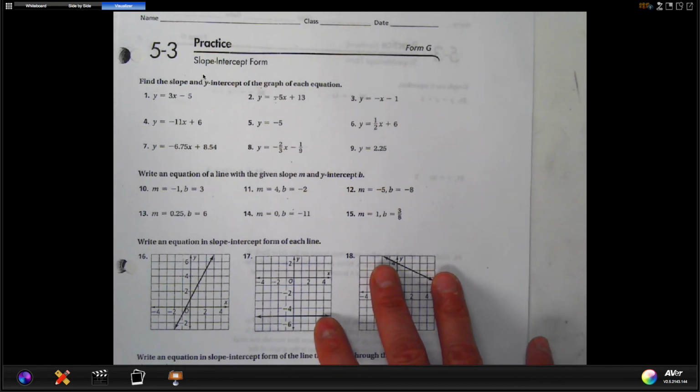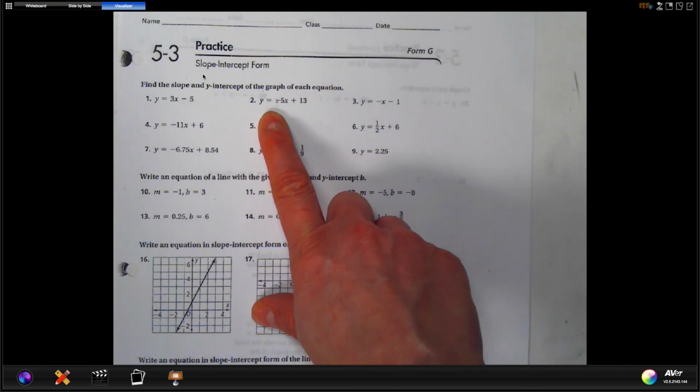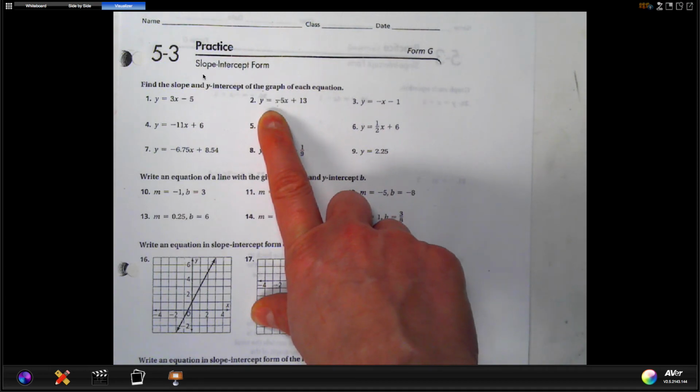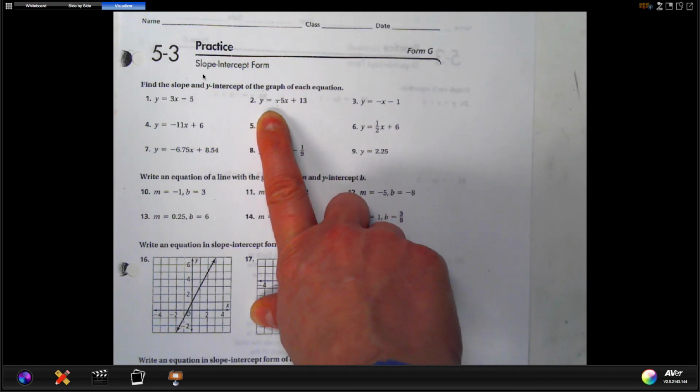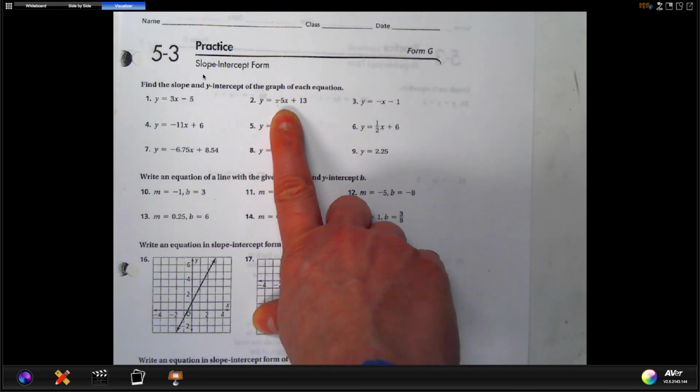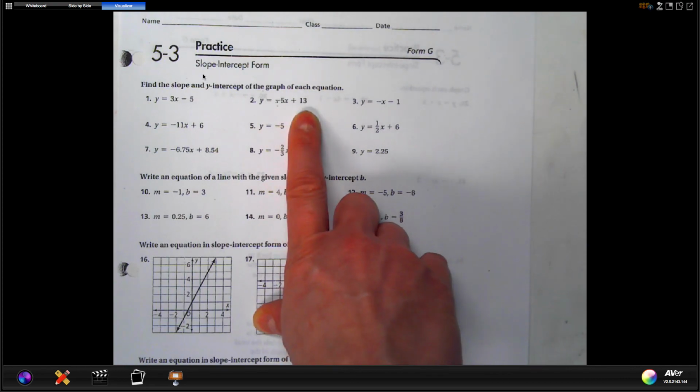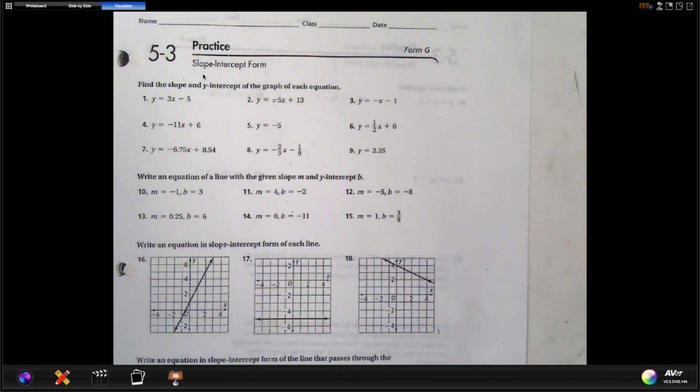For example, number 2, right? This is the first one you got to do. It says, find the slope and y-intercept of the graph of each equation. Do you have to graph it? No. No, you literally have to state the slope and the y-intercept. What's the slope? What's the y-intercept? Okay, so save your tears and your complaints for someone else. Fine, this is easy. Okay.